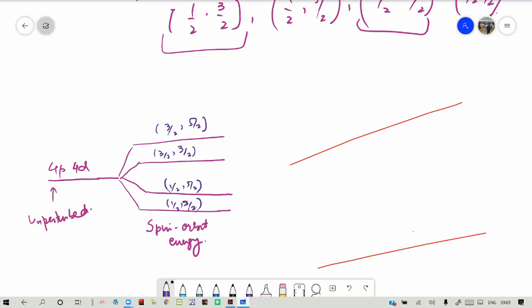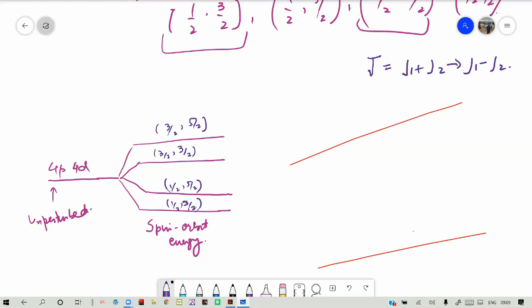So there will be LS coupling. Now you know how we take the LS coupling. We have J equal to J1 plus J2 to J1 minus J2, or J1 minus J2 to J1 plus J2.